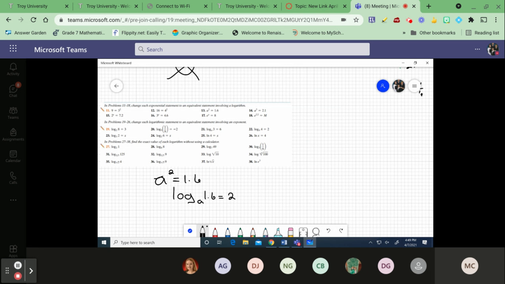If I go back the other way, so if I have this, what is that in exponential form? Who's my base?